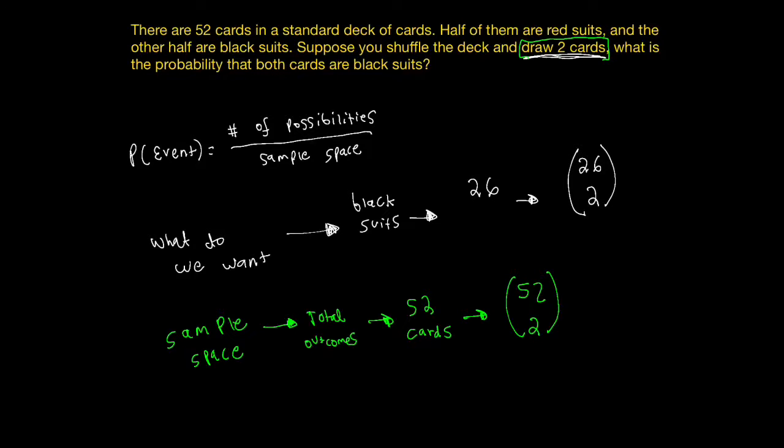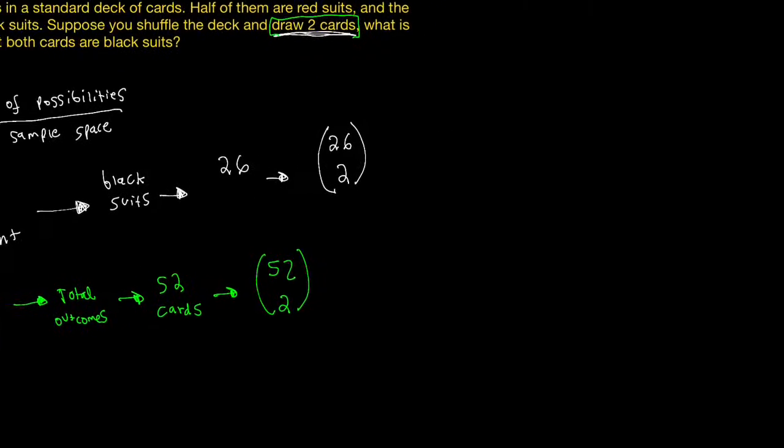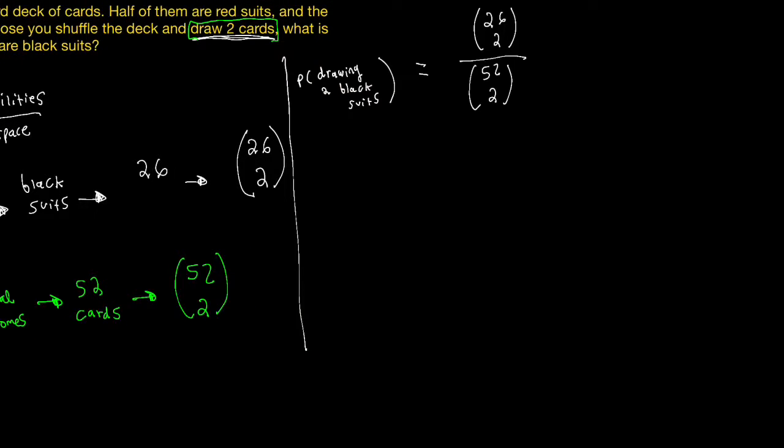And now we have the number of possibilities and the sample space, so we can create a ratio of combinations. And that's going to equal the probability of you drawing 2 cards. So let's write this formally here. The probability of drawing 2 black suits is going to equal 26 choose 2 all over 52 choose 2.